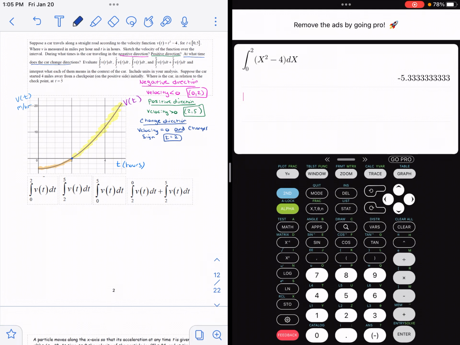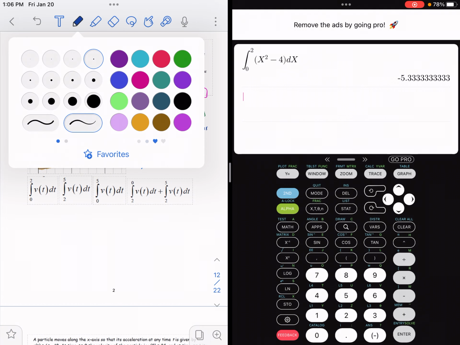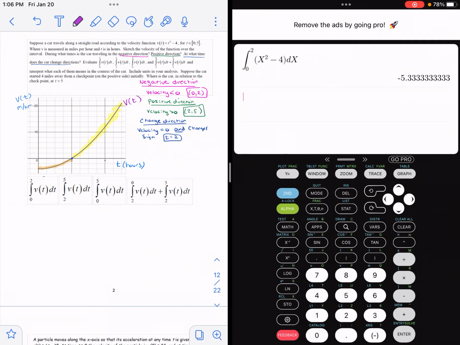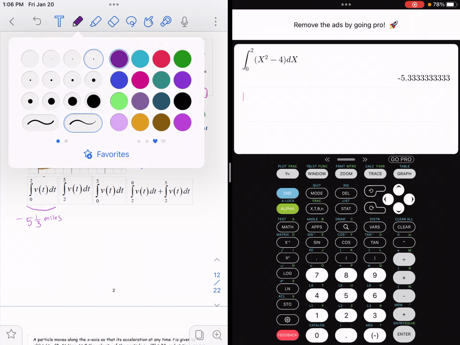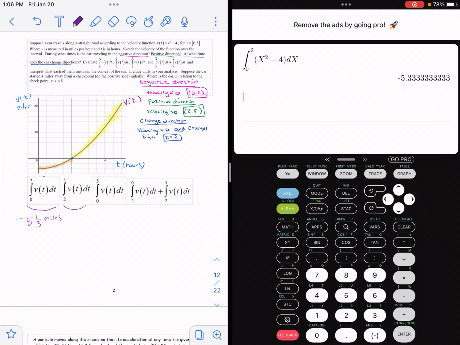So let's write that. Let's use some other colors over here. That's negative 5 1/3. Now you should recognize that expression as a change in position. And so that would be negative 5 1/3 miles. Let's do the next one, 2 to 5. So I'm going to use my calculator in a clever way. I'm going to copy that, and then I'm going to just change the limits of integration to be from 2 to 5.